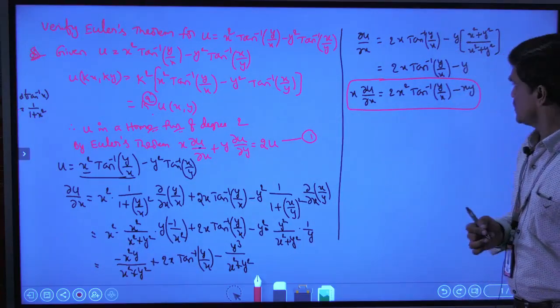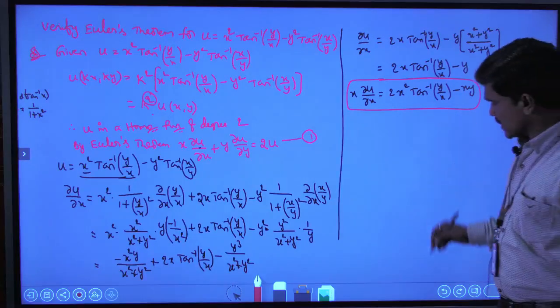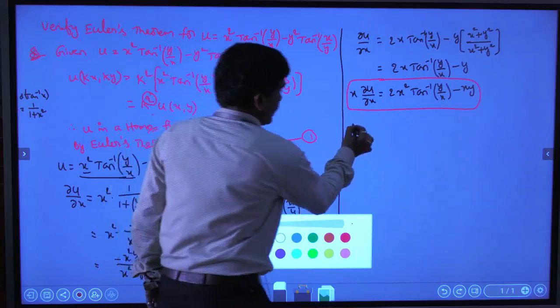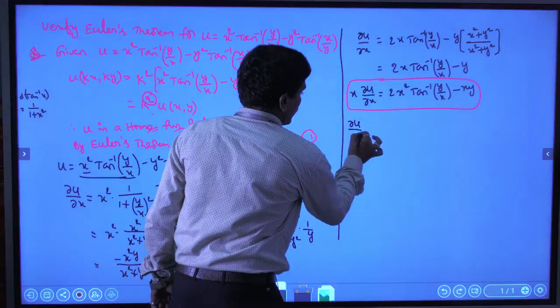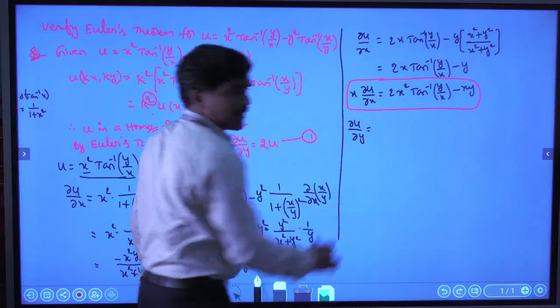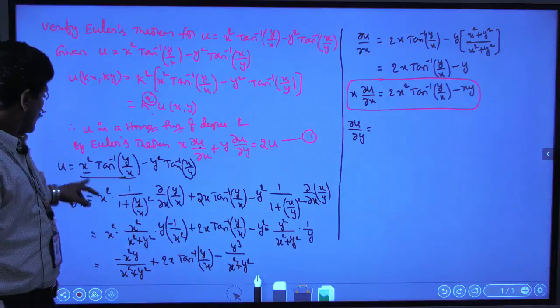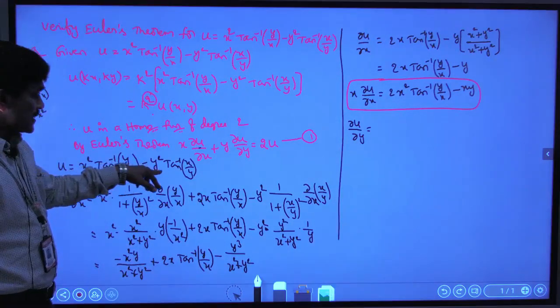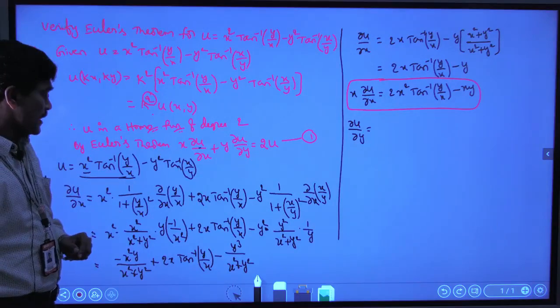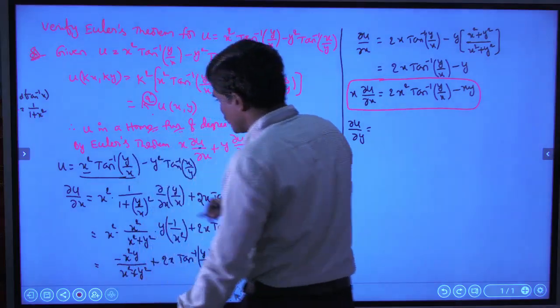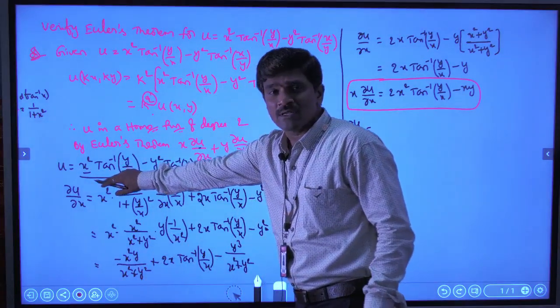So first of all, what is ∂u/∂y, right? Here ∂u/∂y is u with respect to y. So what is u? Here u is x square tan inverse y by x minus y square tan inverse x by y. Now write ∂u/∂y with respect to y. What is constant?